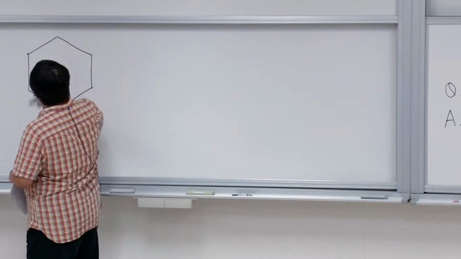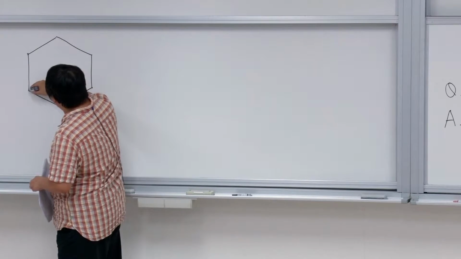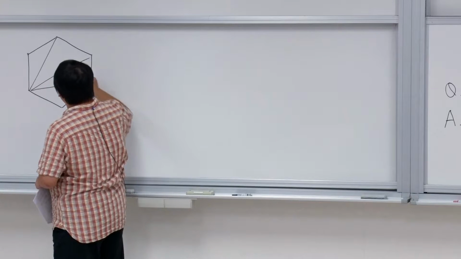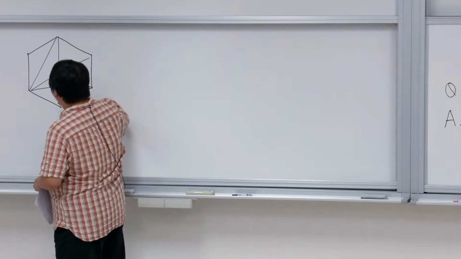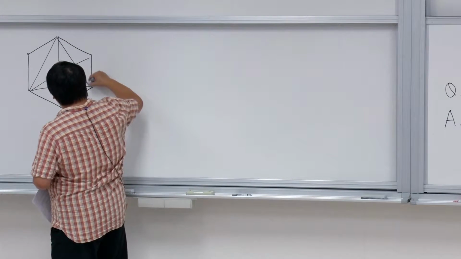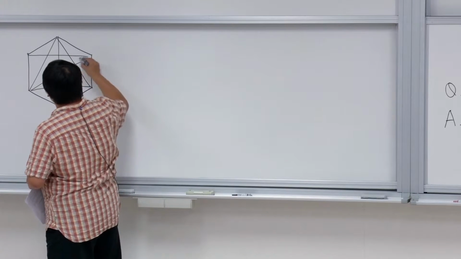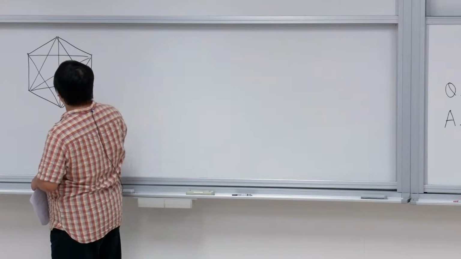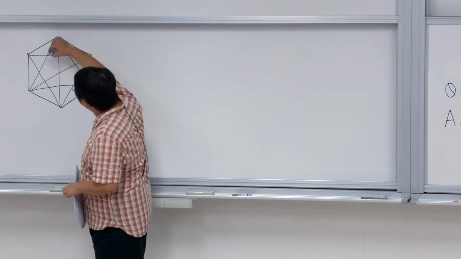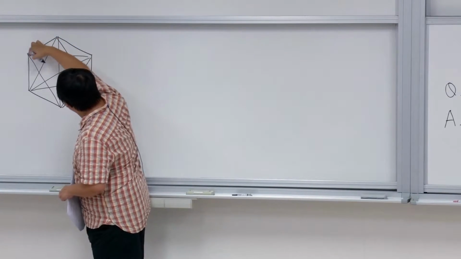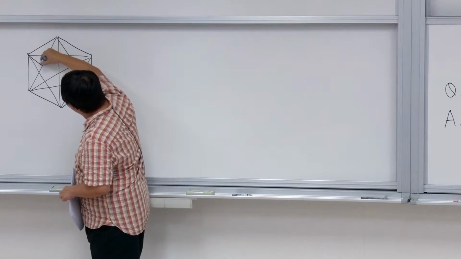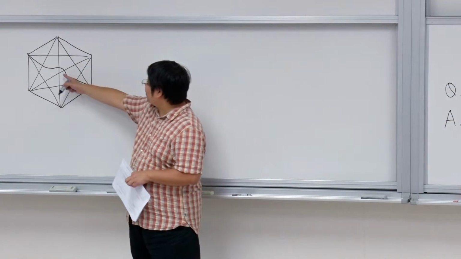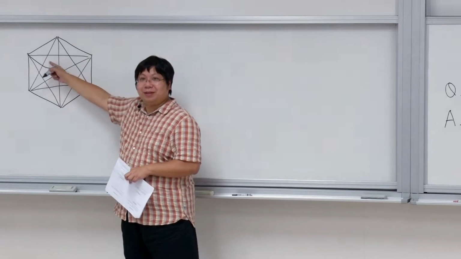So we have a diagonal like this. 1, 2, 3, 4, 5, 6, 7, 8, 9. Now this is the 9. I have not joined this one and this one, so this is like this. I don't want to cross at the same point here, but this is still a diagonal.